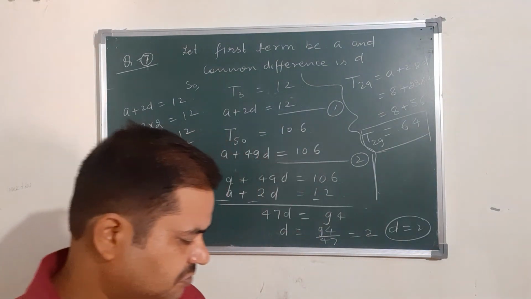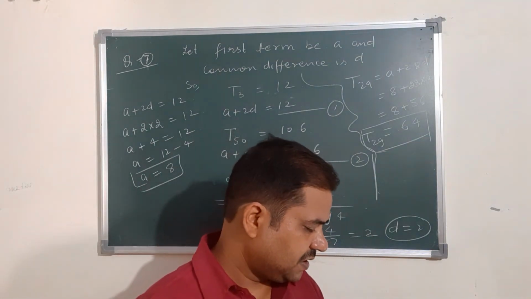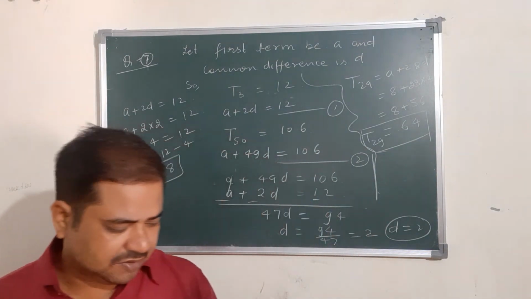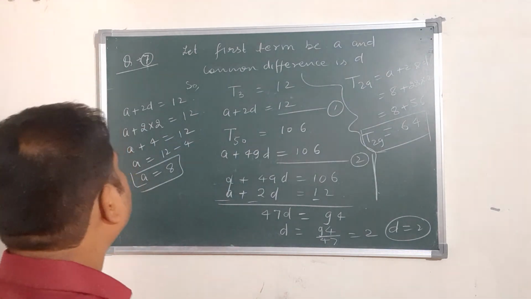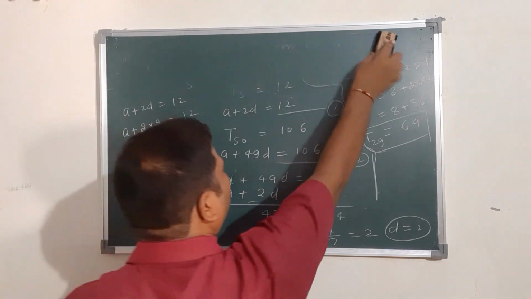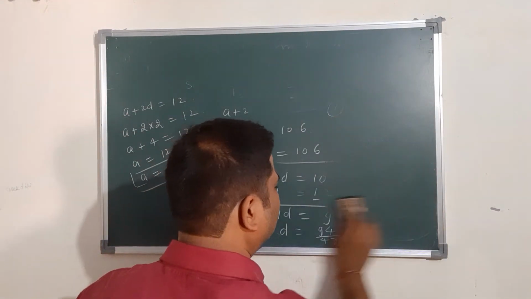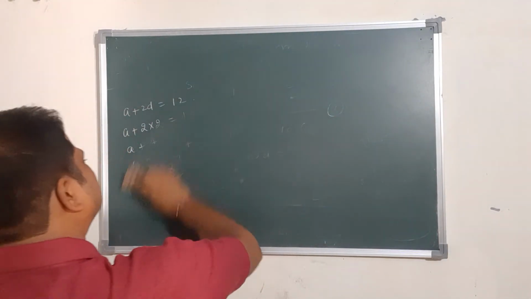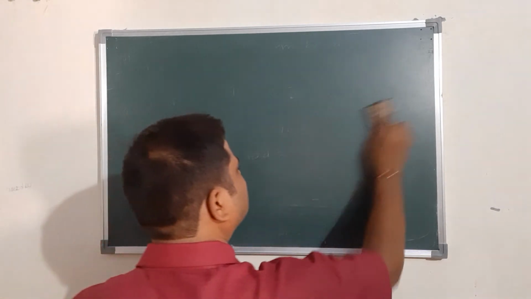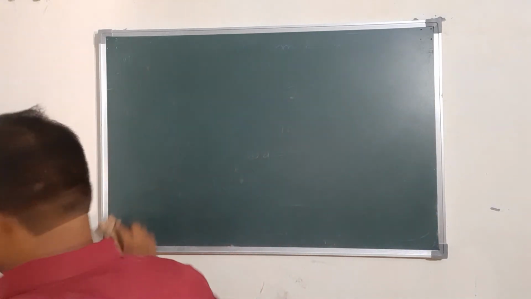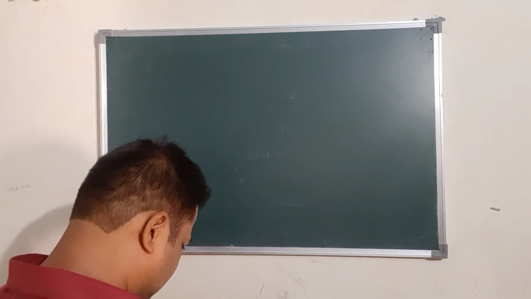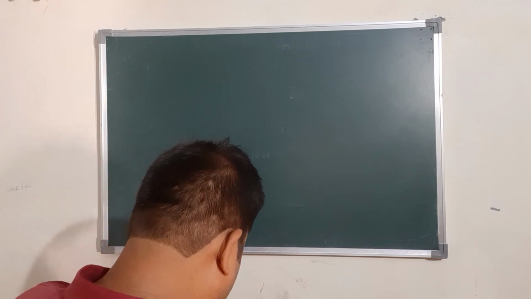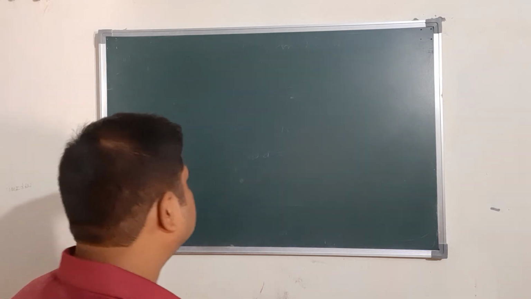This is also a good question. If the third and ninth term of an AP are 4 and minus 8.